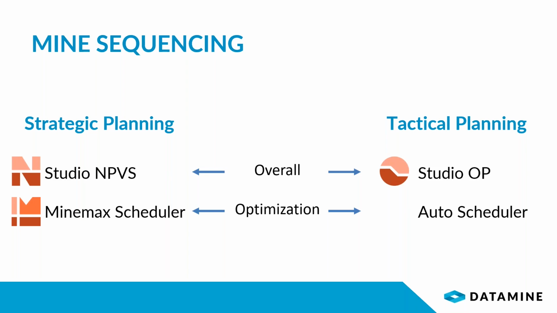The first one, which many people call long-term planning, I like to call strategic planning, is where companies take their strategic decisions or portfolio management decisions. So, for example, whether to invest in a mine or not, evaluating risks associated with a certain mine site, and all of the strategic decisions.